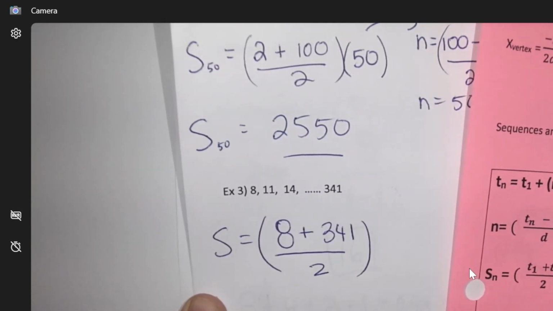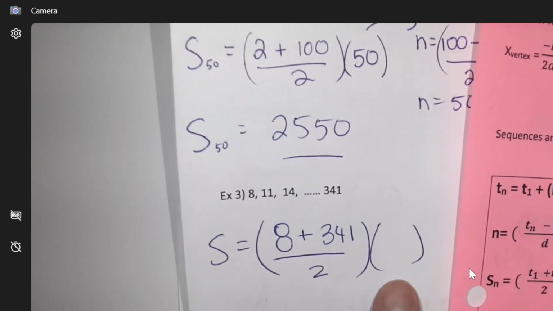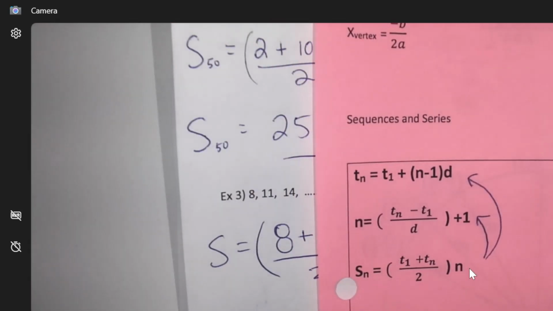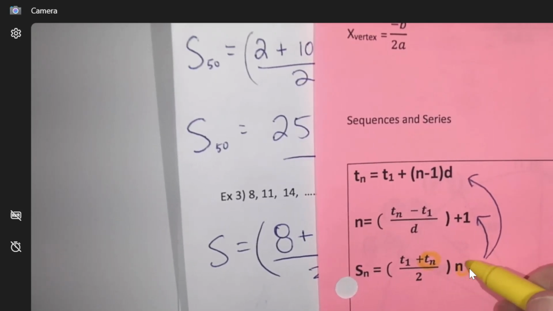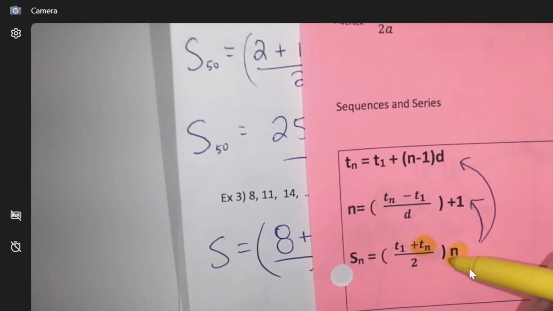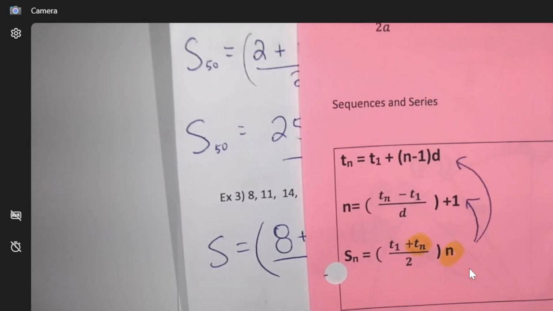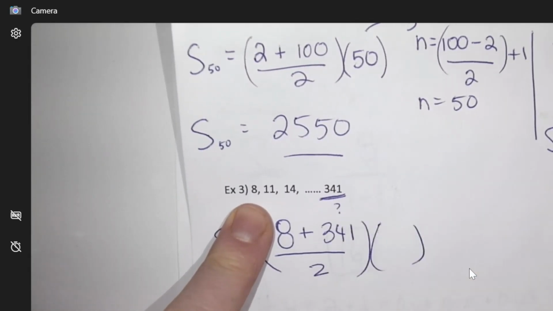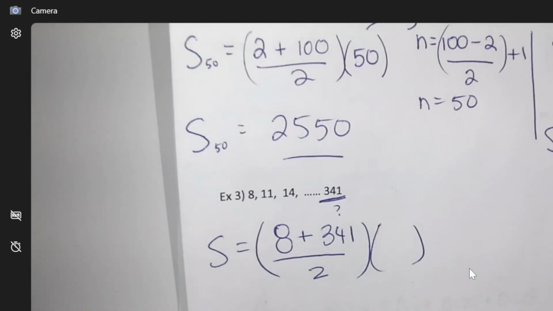Average it, times the n, which is how many positions are in this, which is the thing I don't know. So like I said, you either don't know this or that. Sometimes you don't know the last term, sometimes you don't know how many terms. So I don't know how many terms, so what position is that in?